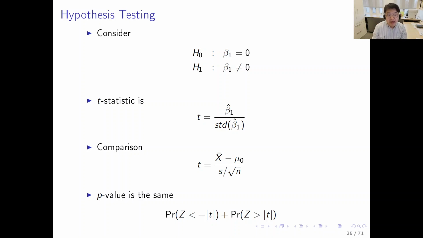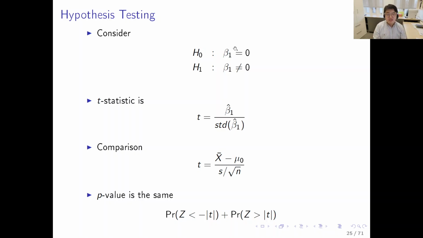There is strong evidence that x changes y. So your regression model is helpful. Remember that: in the end, we'd like to reject the null hypothesis, because the null hypothesis means your x variable is useless, right?